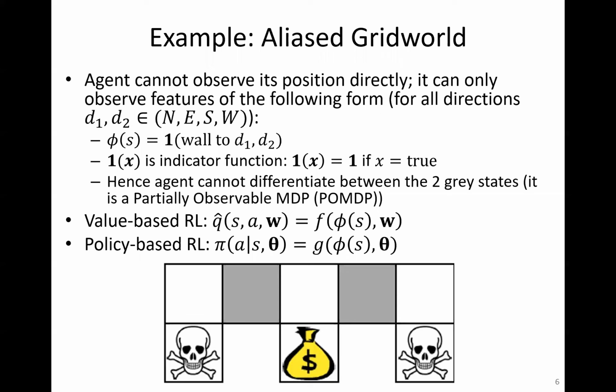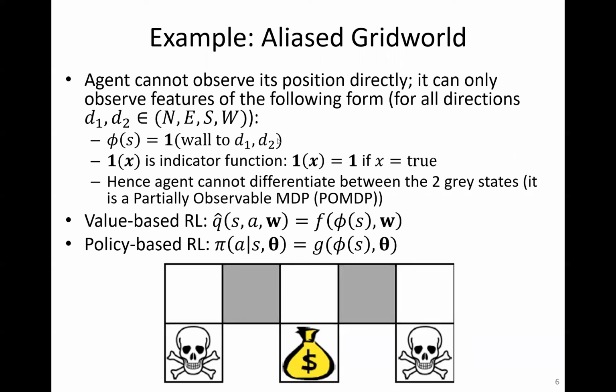So here's an example to illustrate the stochastic policy. The example here is a partially observable MDP, which means that the agent cannot observe its position directly.